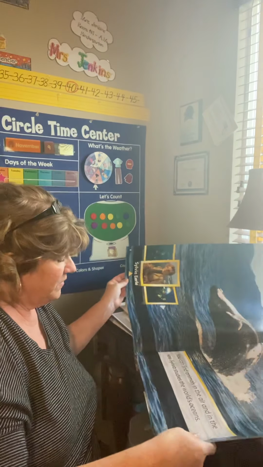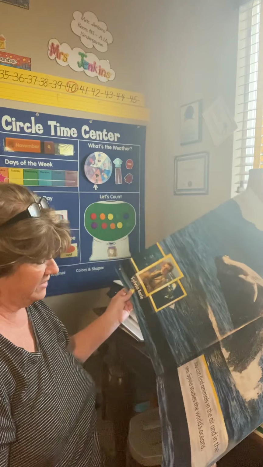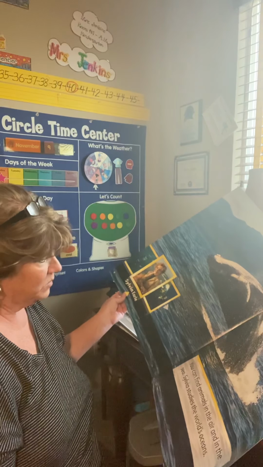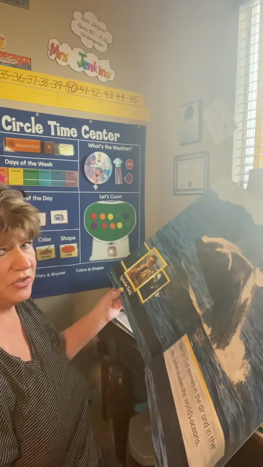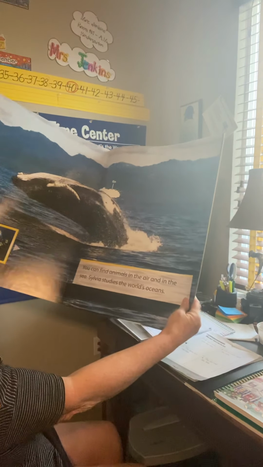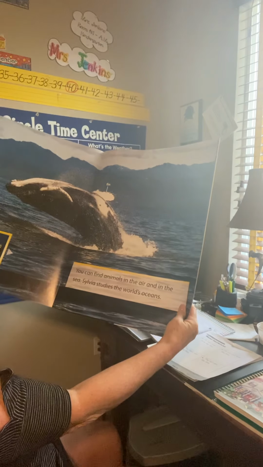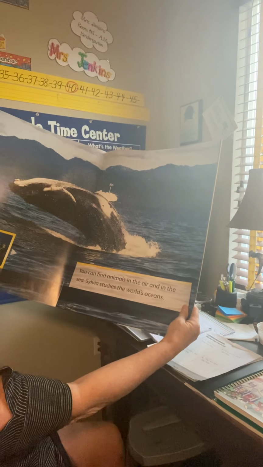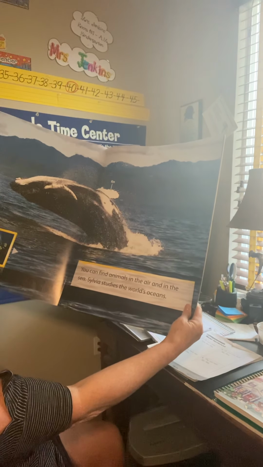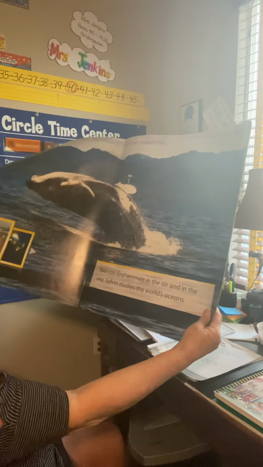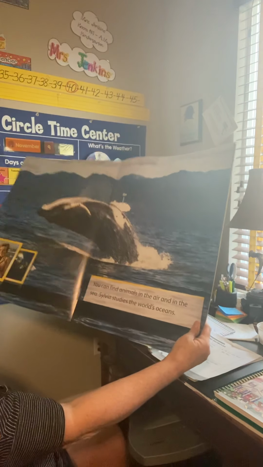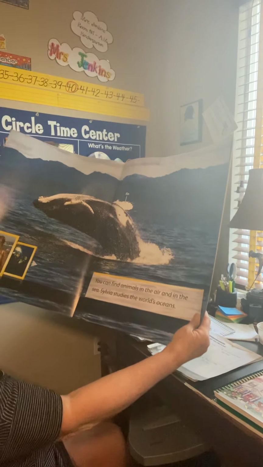Okay. You can find animals in the air and in the sea. Sylvia studies the world's oceans. I'll show you a picture of her, but first I'm going to show you the picture of this. You guys know what that is, don't you? A whale, an orca whale. It shows you there the dorsal fin that's coming out of the water. That whale is doing something called breaching, coming up, flipping over, going back down.